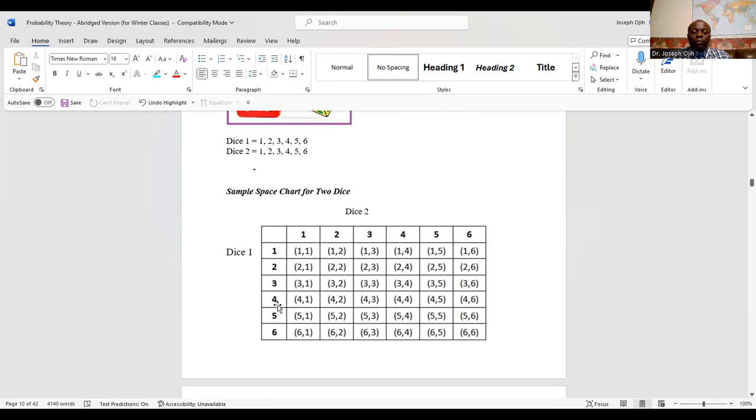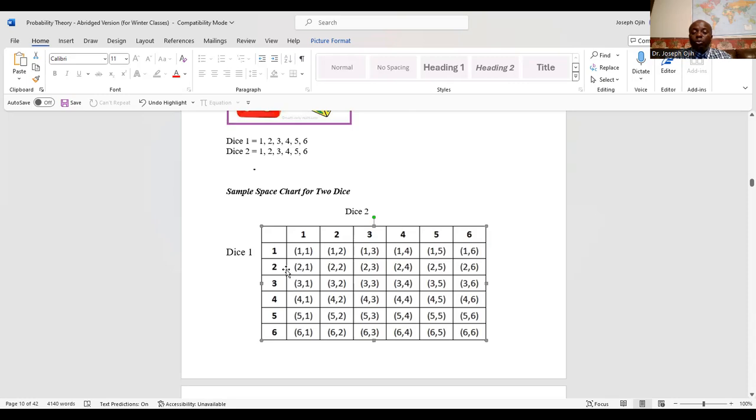When you throw the dice, you might have 1 showing up on the first dice and 1 showing up on the second dice. That will give us 1, 1. Or you might have 1 on the first dice and 2 on the second dice. That means 1, 2. Or 1 on the first dice and 3 on the second dice. That is 1, 3. Following that method, you get 1, 4, 1, 5, 1, 6.